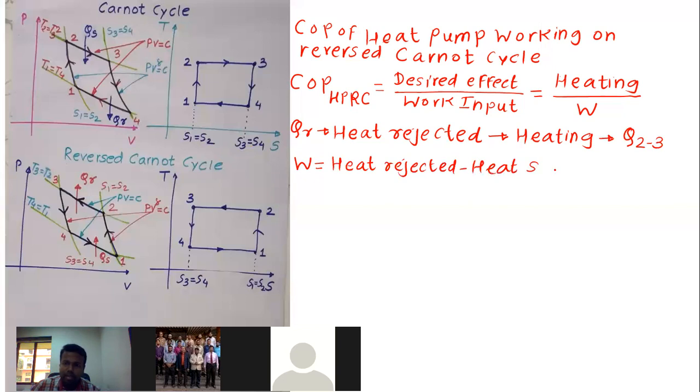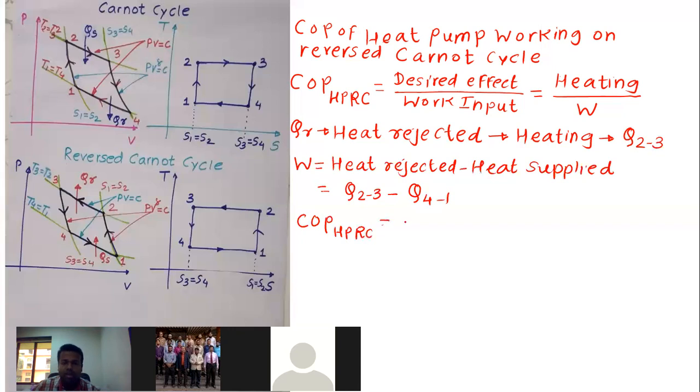Heat rejected during 2 to 3, minus heat supplied during which process? During 4 to 1.